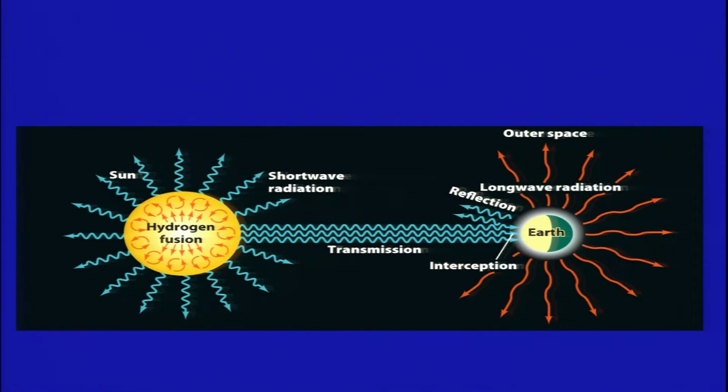If you take this example, this is the source of radiation, which generates short wave radiation. It travels through and crosses the atmosphere. Some is reflected back, some is absorbed, and after this the long waves are radiated back to outer space.